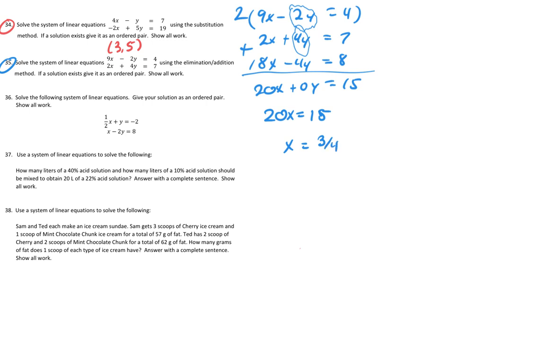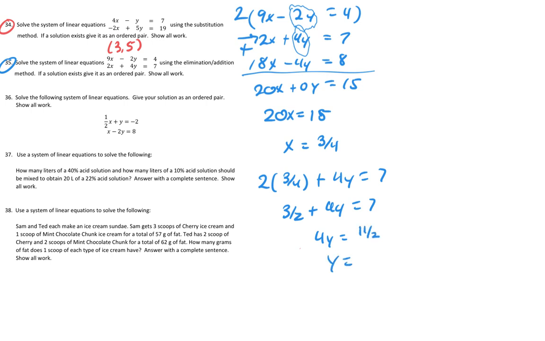Now at this point we can use either equation to solve for the other variable. I'm going to pick the second one, just looks easier. So plugging in the x to there, we're going to get 3/2 plus 4y is equal to 7. 4y is equal to 11/2.